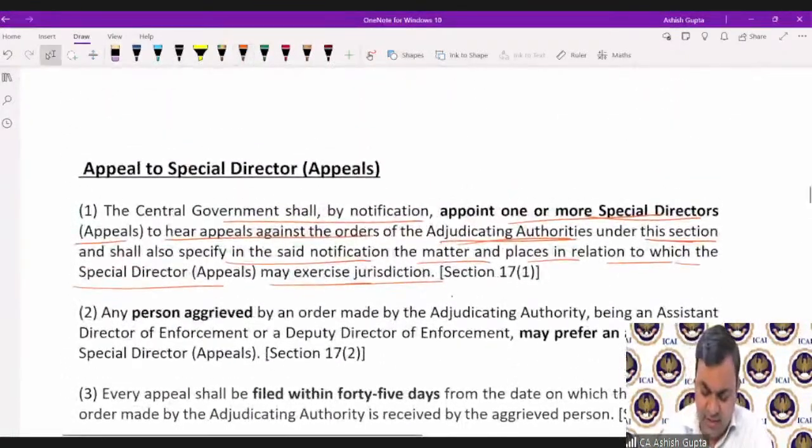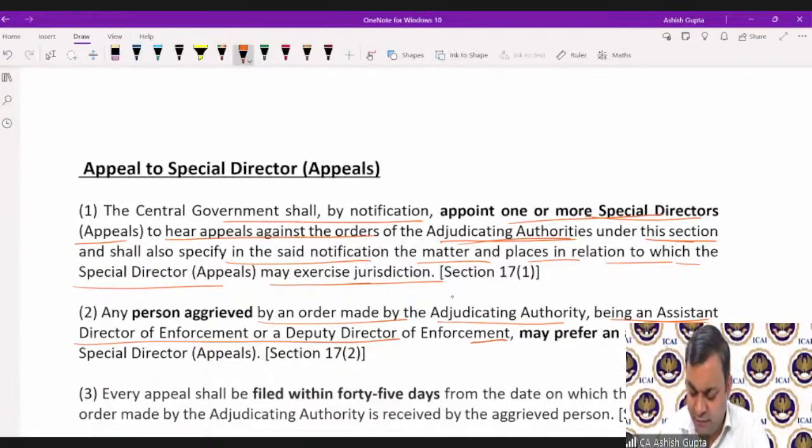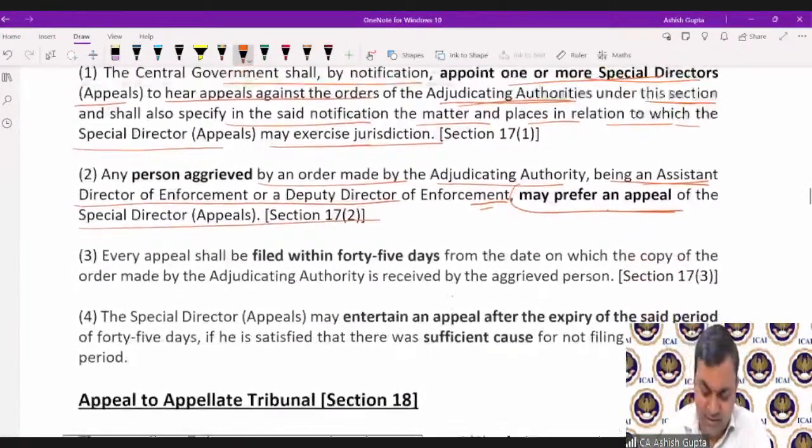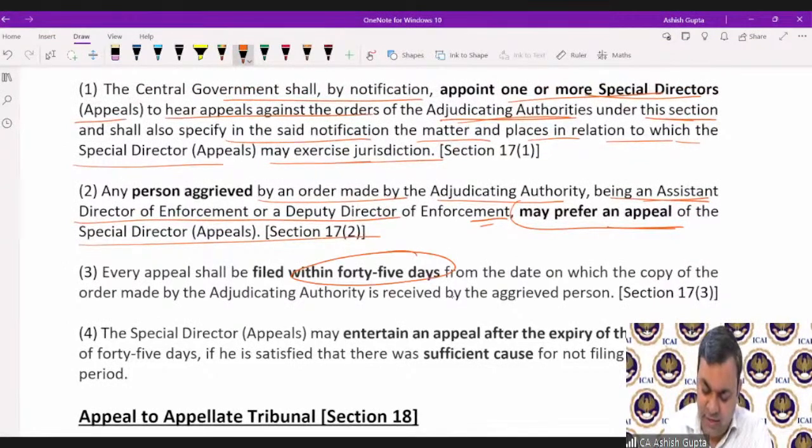Any person aggrieved by an order made by the adjudicating authority, being an Assistant Directorate of Enforcement or Deputy Directorate of Enforcement, may prefer an appeal to the Special Director Appeals. Okay, you can prefer an appeal to SD within 45 days, and every appeal shall be filed within 45 days from the date on which a copy of the order made by the adjudicating authority is received by the aggrieved person.